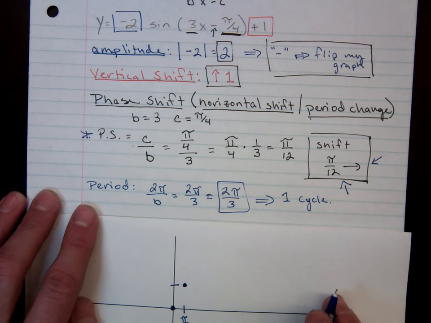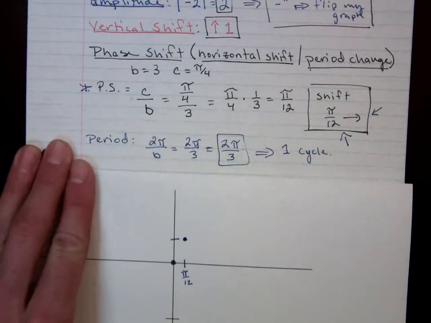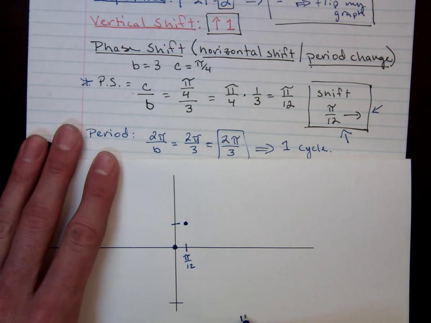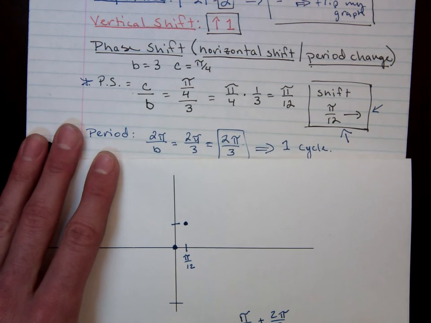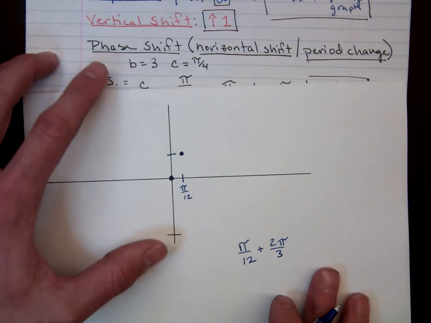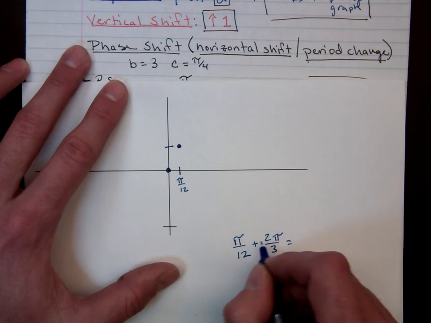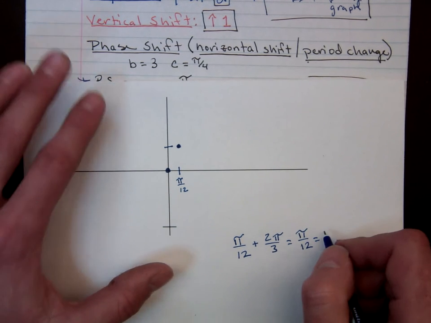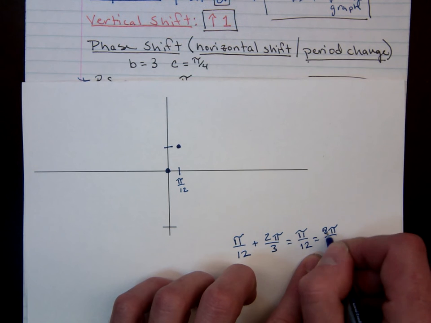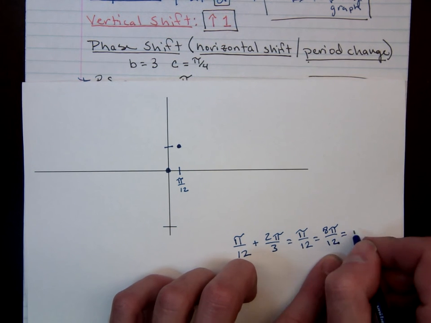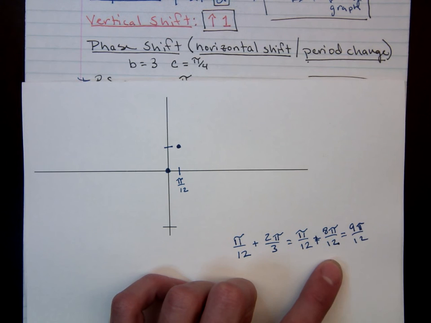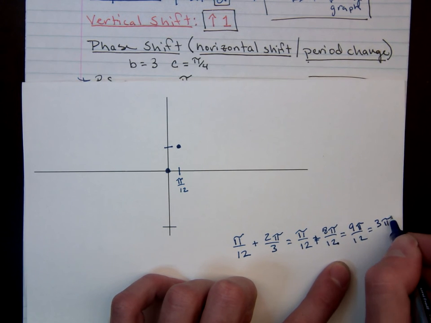So if I'm starting at pi over 12, and I want to travel 2 pi over 3, well, then I need a common denominator here, so we go pi over 12, and then this would be 8 pi over 12. So, plus, it's going to be 9 pi over 12, which you should hopefully notice is also equal to 3/4 of pi.